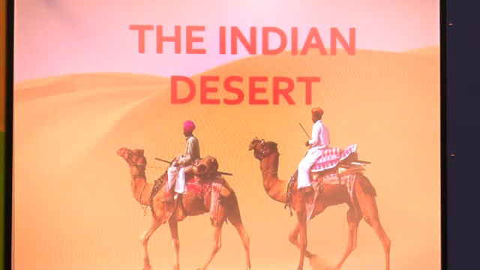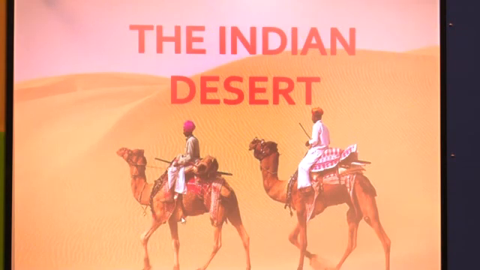See in the image, the largest area of Rajasthan is covered by sandy soil, and yes, the camel is the animal useful for transportation in the Rajasthan desert area. See here, it is also a famous tourist spot.